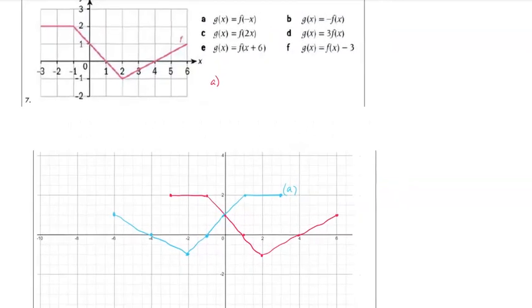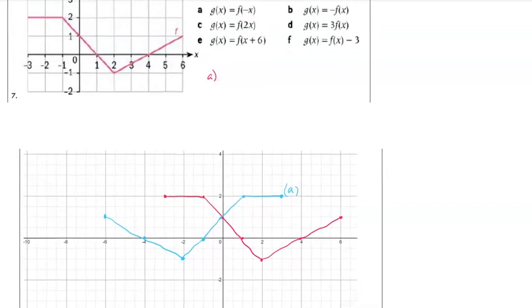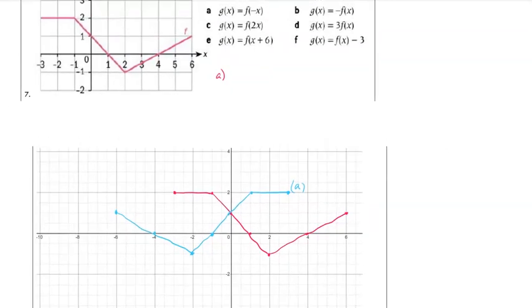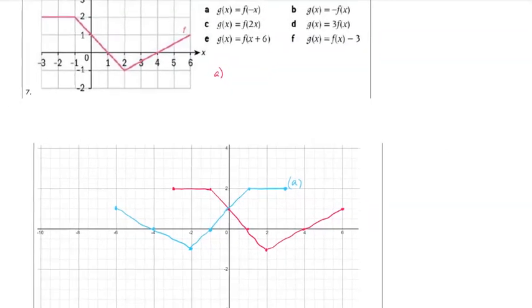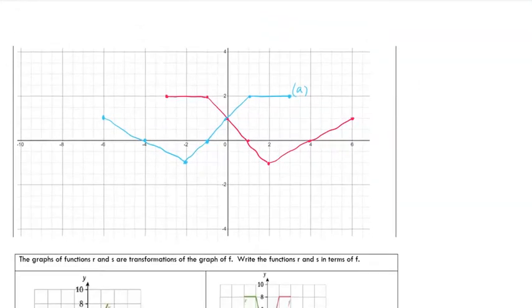And then we're going to take B, and we're going to use a different color. And that is going to reflect the original function over the x-axis, right? Yeah, because the y's get multiplied by -1. So I'm going to take this and then move it here.